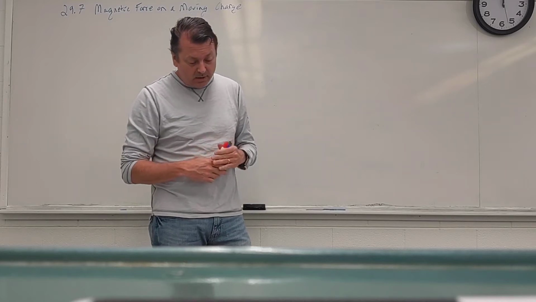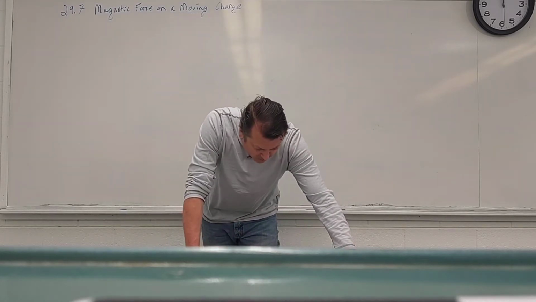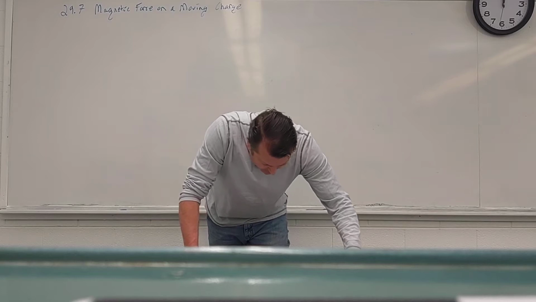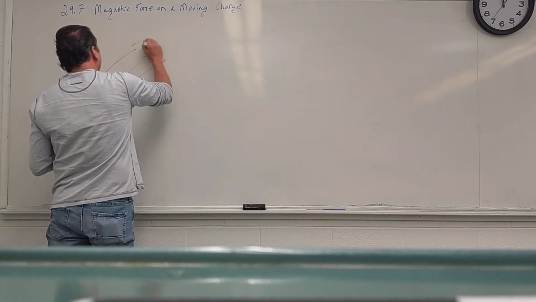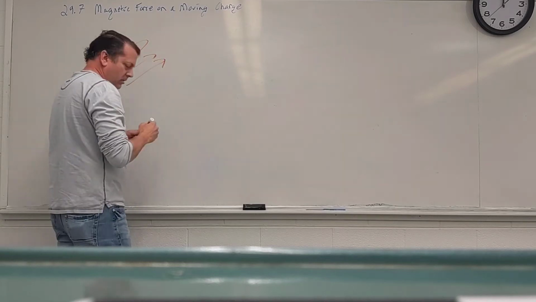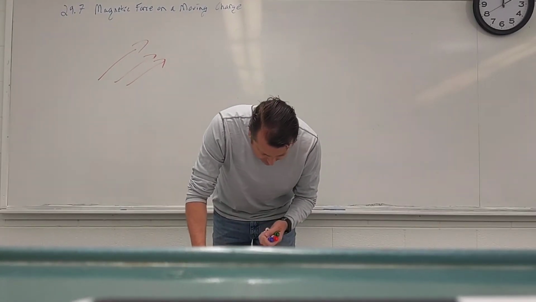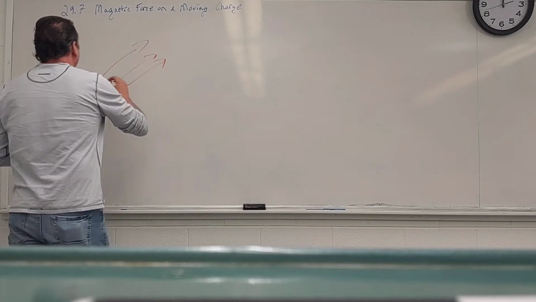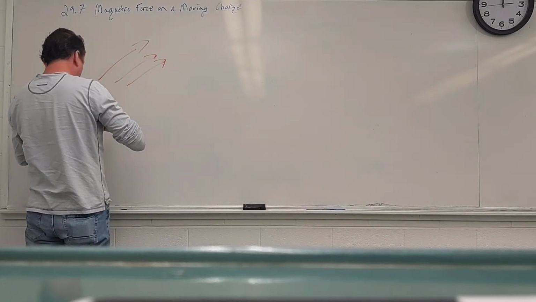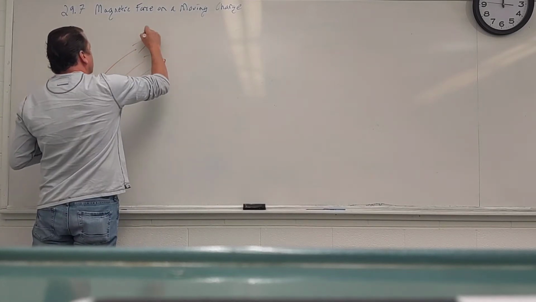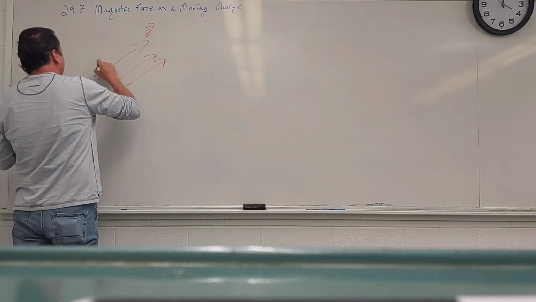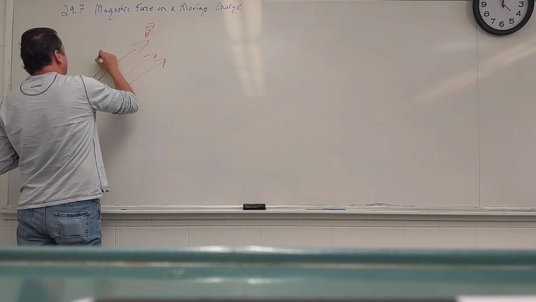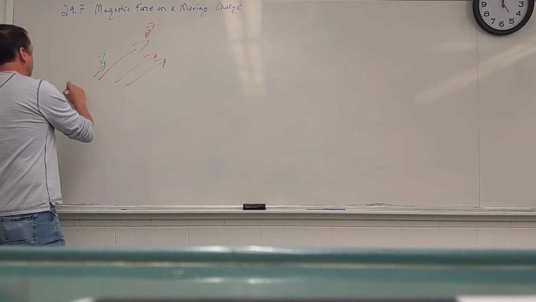And basically what Ampere found out was, let's say you have a B field like this, this is your B field, and the velocity of the charge. Your charge is moving, and the velocity of your charge is in this direction.